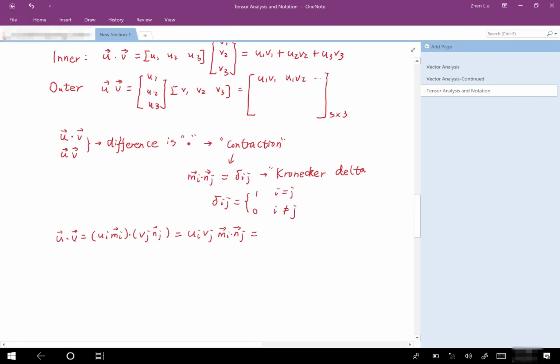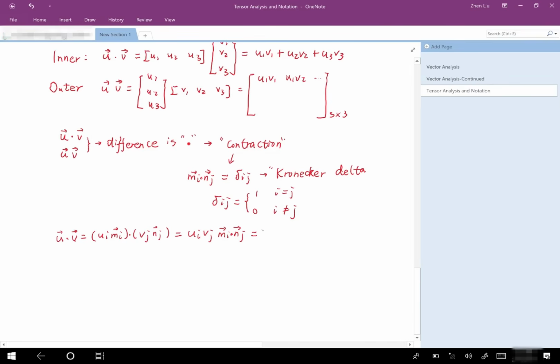There's a dot here. Just missed this one. Two vectors will give us a delta. Two sets of basis vectors will give us a delta, Kronecker delta. So this one has another dot here.